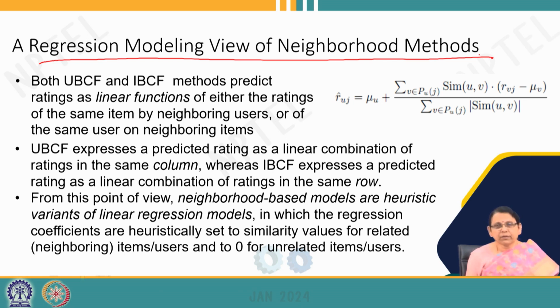So, let us try remembering what the regression model was. In regression model, there used to be one response variable and it was supposed to be computed from some attributes, some features.